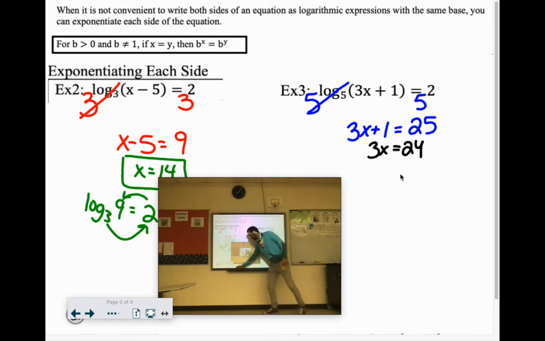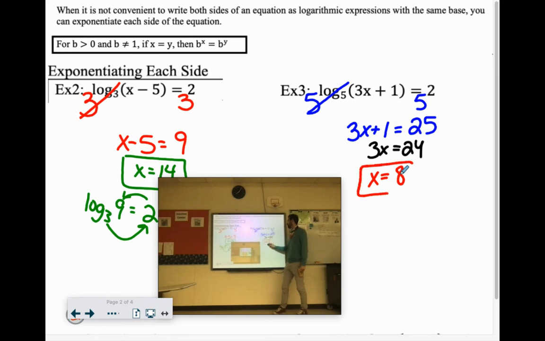We'll divide by the 3, which gives us x equals 8. If you substitute that back into the original equation, log sub 5, 3 times 8 is 24, plus 1 is 25. And this is true because 5 to the second power equals 25.